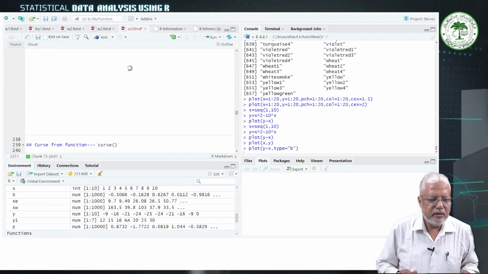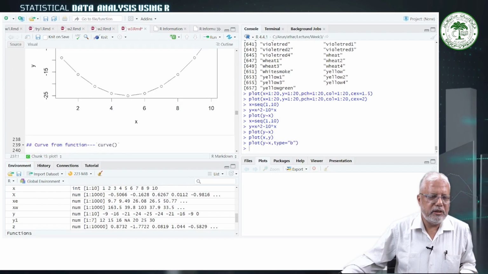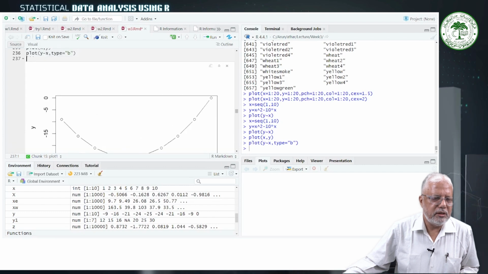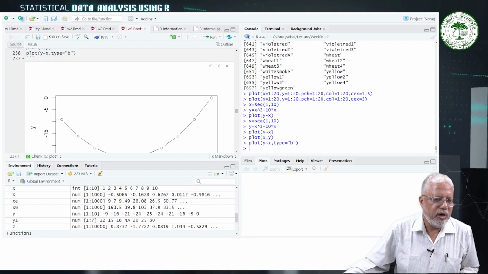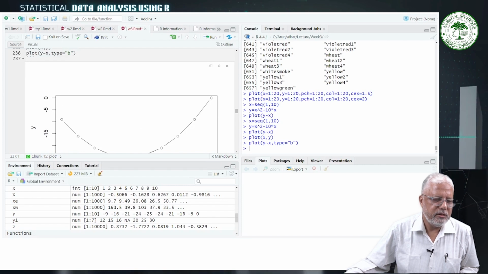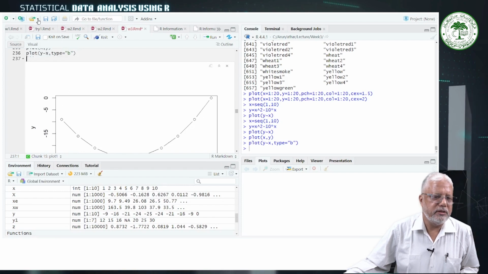See, type B returns both, B stands for both points and lines. So here it is like this.